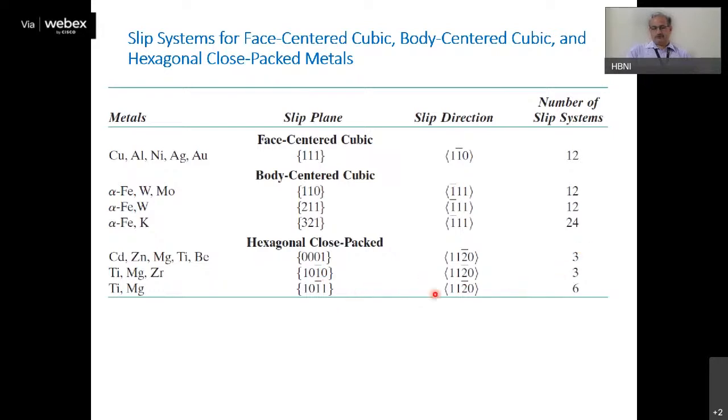There are 6 possible directions in the pyramidal plane, 3 possible directions in the prismatic plane, and 3 possible directions in the basal plane. So for general plastic deformation, a combination of these systems has to be activated in order to have the desired plastic deformation.